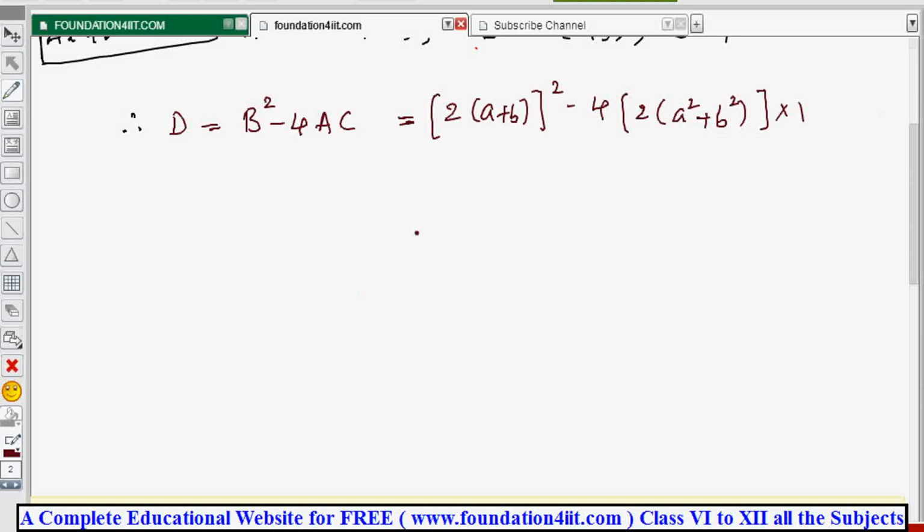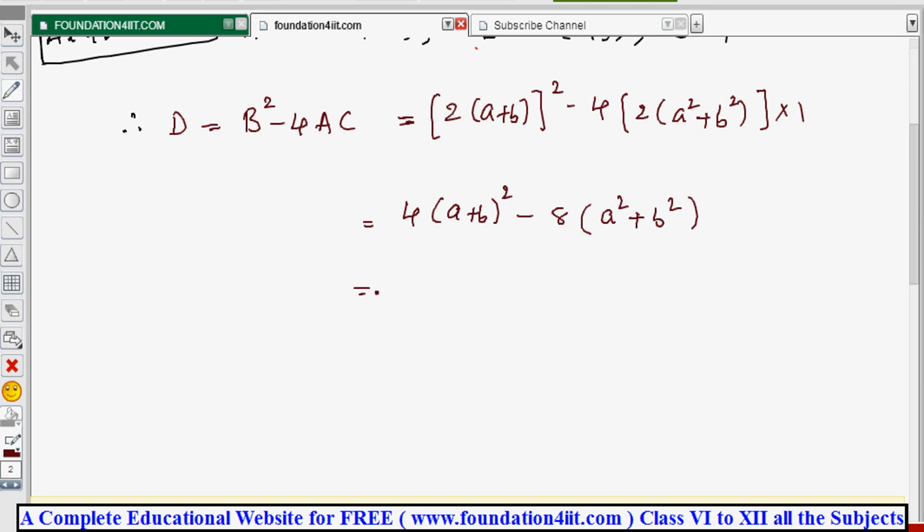Now let us take the simplification. Each and everything you can simplify. Now 4(a + b) whole square: 2 square is 4, and this is (a + b) whole square. Minus here 4 into 2, 8 of (a² + b²).